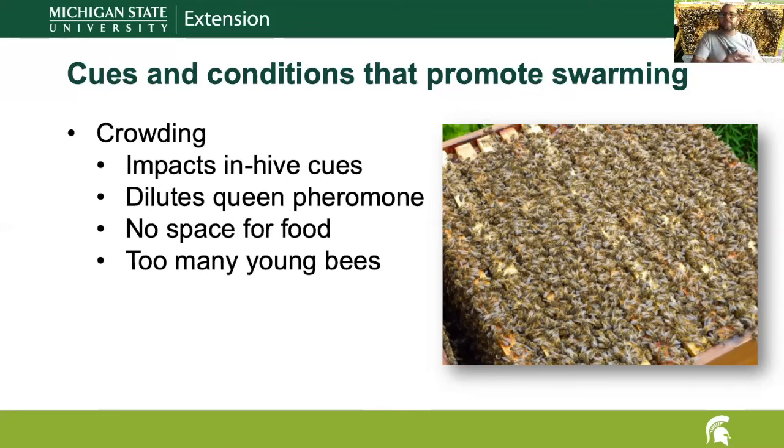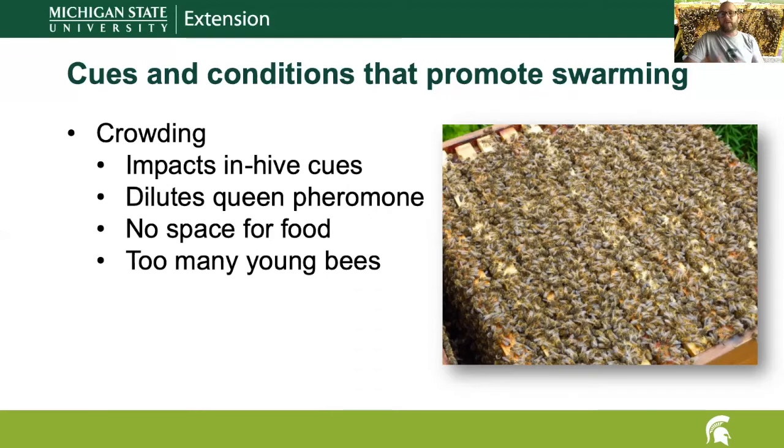So what happens is when these foragers start bringing in food and they don't have space above the brood chamber to store it, they start doing what we call backfilling, where they actually start putting nectar and pollen in the brood chamber where it should not be, where eggs and brood should be, not food. And they do that because there's just no other place to put it.